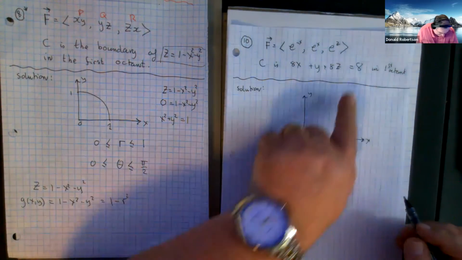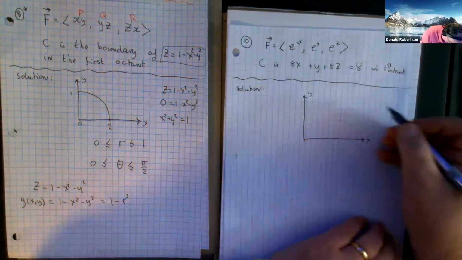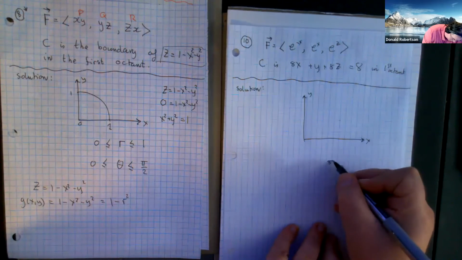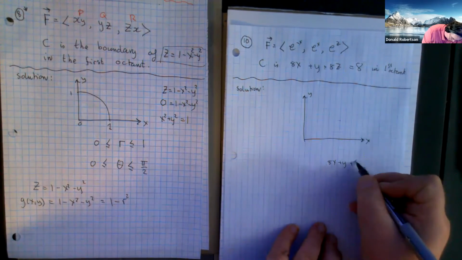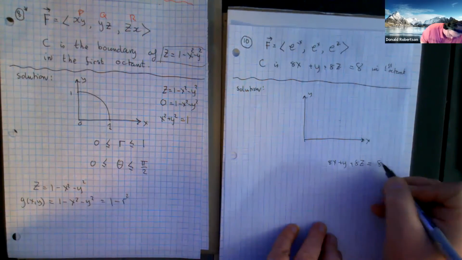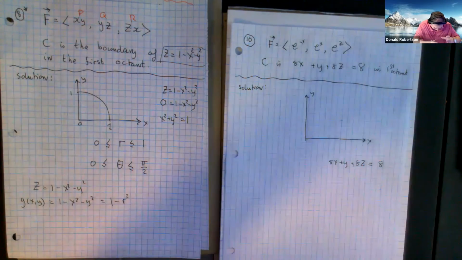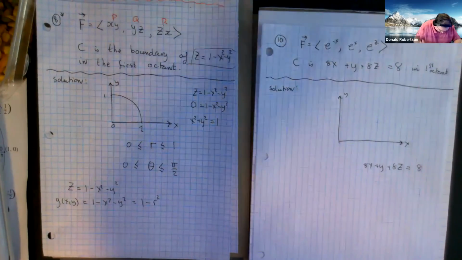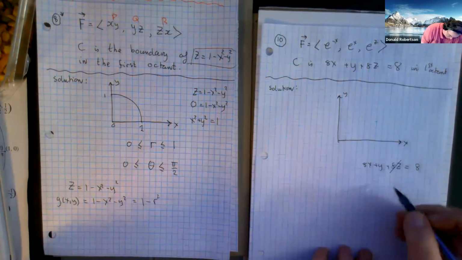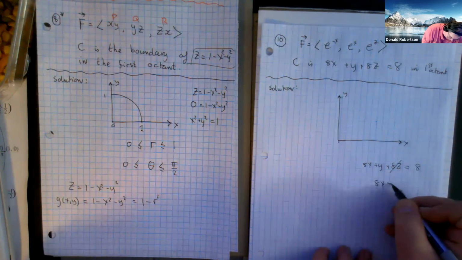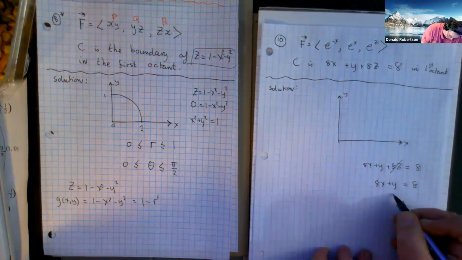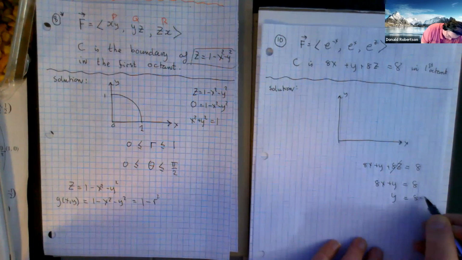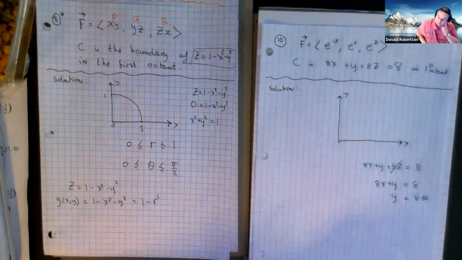So if you want to take an expression like this, 8x plus y plus 8z equals 8, and you want to see what does the D look like, the projection of that surface and its edge onto the floor, you basically make z 0. And if you rearrange that, you get that.